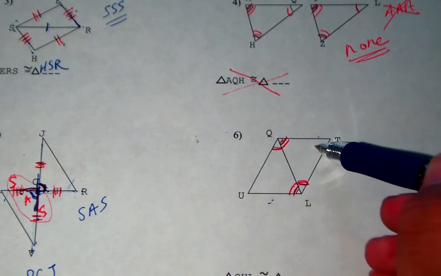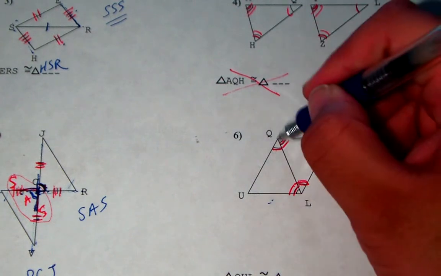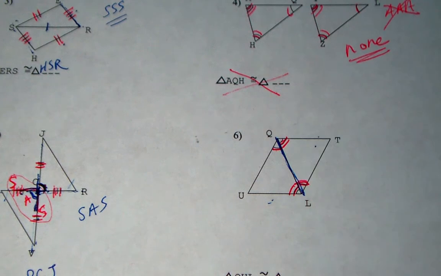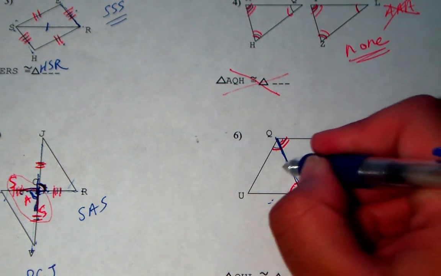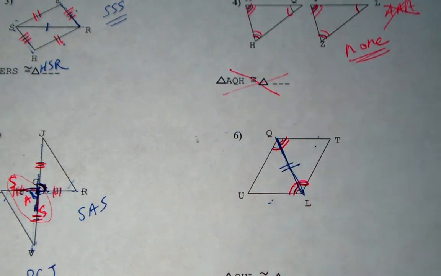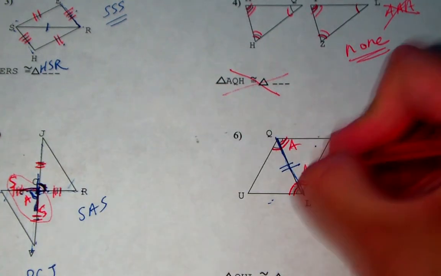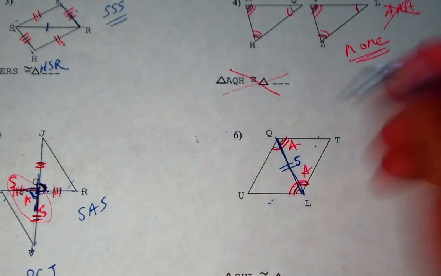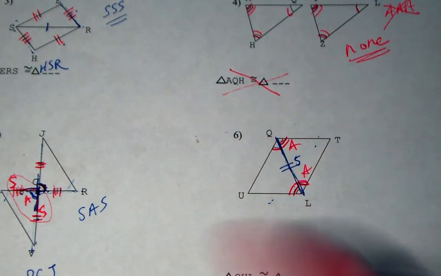Likewise for these 2. However, QL is the same as QL because both shapes share it as one of their sides. So it's the same as itself. Right? So you have a pair of angles, the ones that are given, and you also have, quote-unquote, a pair of sides that's sort of, you can't see one of them because it's underneath the other one.